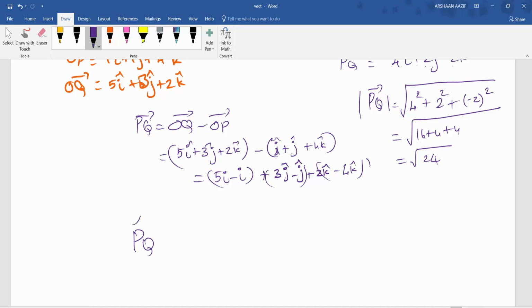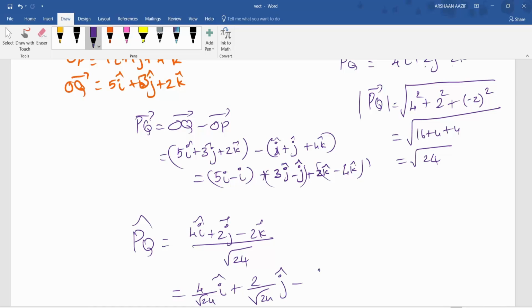That's it. So my PQ cap is equal to 4i plus 2j minus 2k divided by root of 24. Taking the components separately, you can write 4 by root 24 i plus 2 by root 24 j minus 2 by root 24 k. So this is the required answer for the given condition.